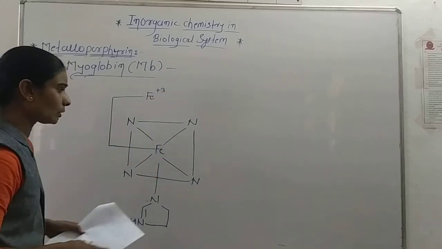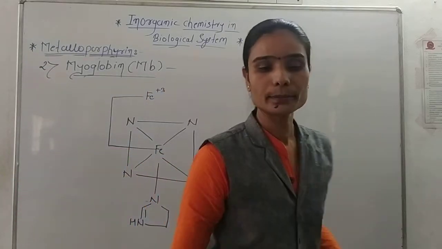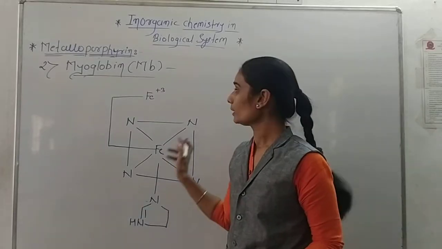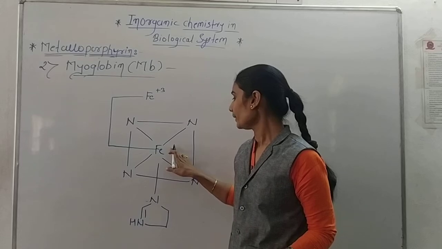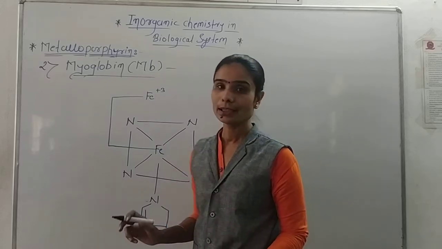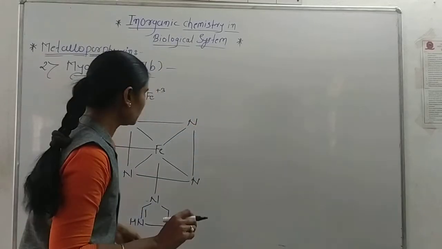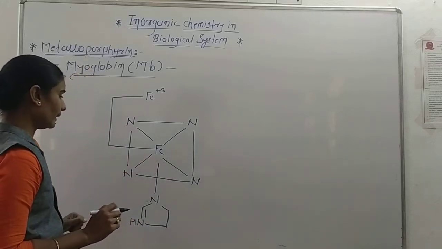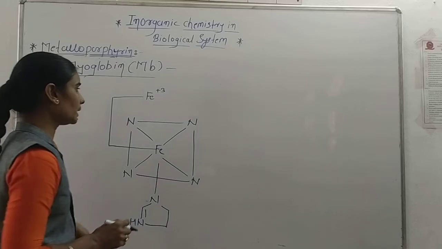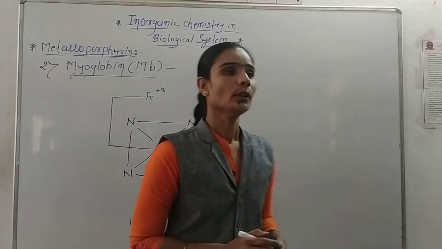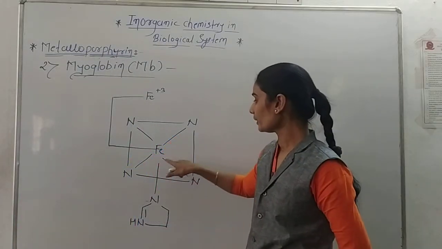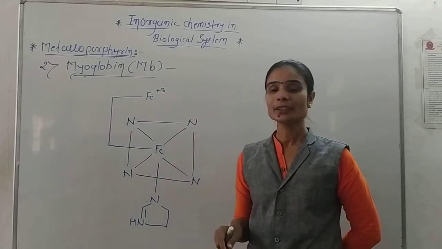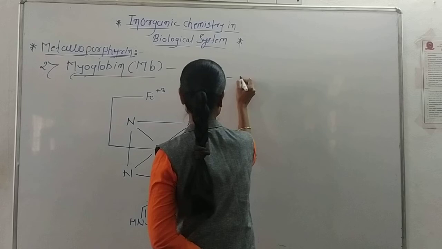I will not draw the whole structure, just the short structure of myoglobin, in which the Fe atom is present in the center of the ring. It is also called a heme protein because it has Fe at the center, and the oxidation state of that Fe is +3. Now the position of Fe means the distance of this Fe from the nitrogen is 0.3 angstrom.